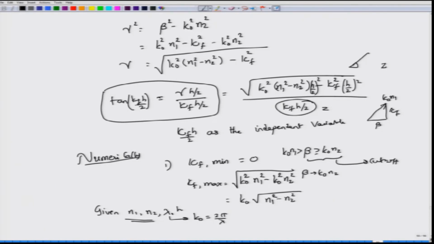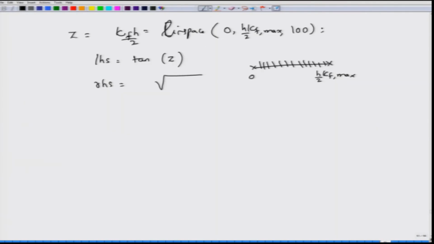Now, if you directly put z equal to 0, numerically you will have a problem. Therefore, you do not normally start your vector at 0, but at a small value. Let us call that small value epsilon. It should be a non-zero value, not a very large value, because you would then be moving away from the minimum value, but also not so small that you end up with numerical errors.